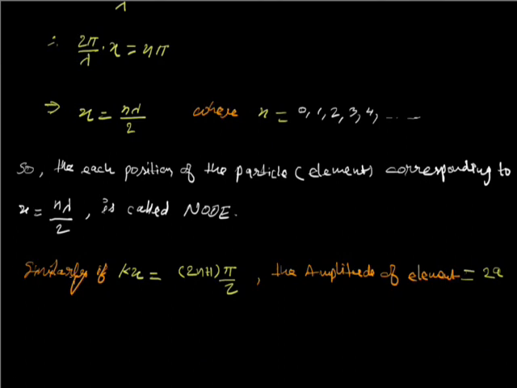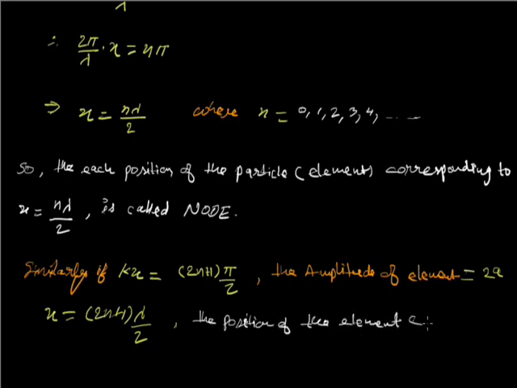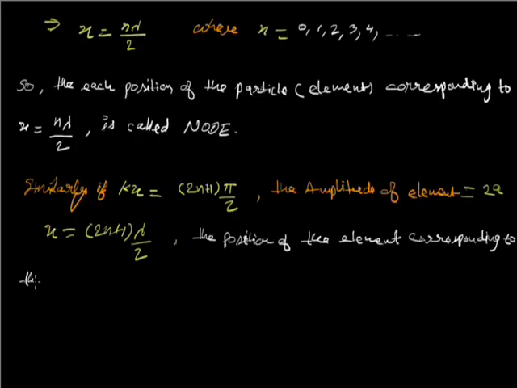In this case we can write x equals (2n plus 1) multiplied by lambda upon 2, and the position of the element corresponding to this value of x is called an antinode.